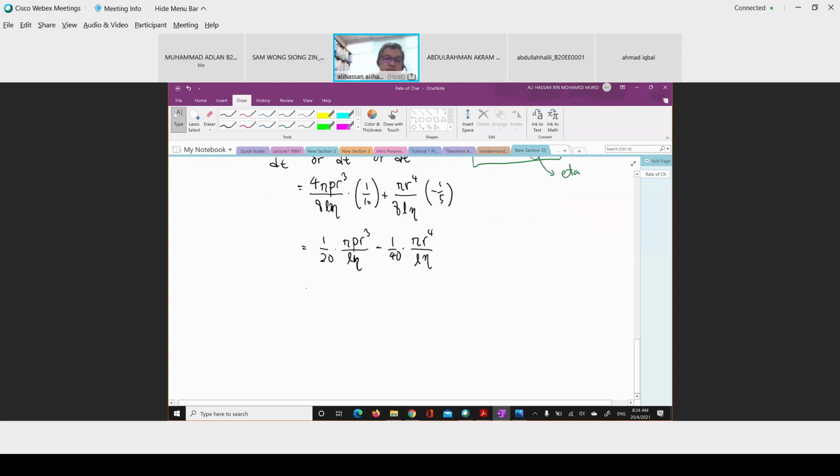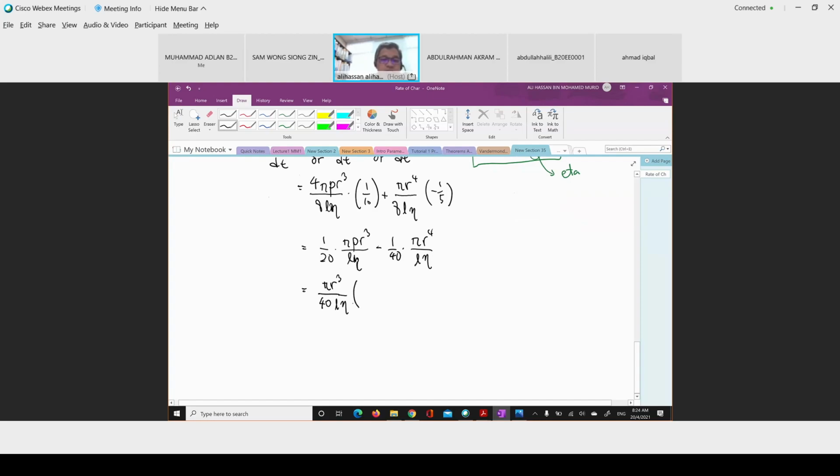So let's simplify this. We can factor out pi, R cube, and we can also factor out 40 L eta.